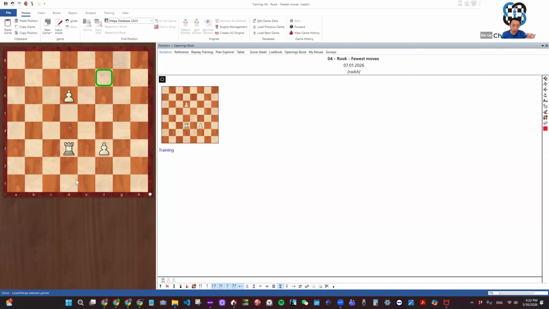This one's a little trickier because you have to navigate through a lot of different stuff. I'm gonna give you guys a couple more seconds.